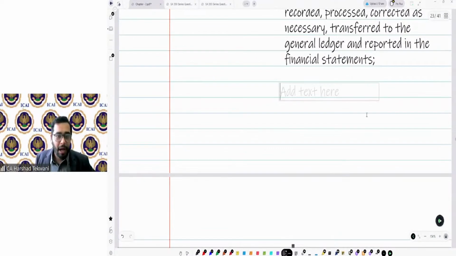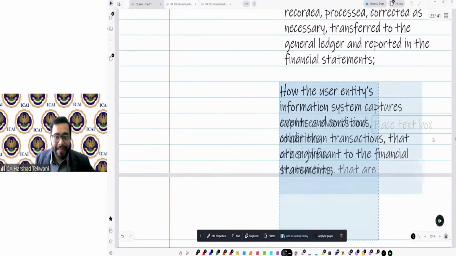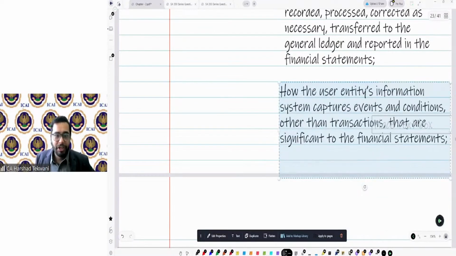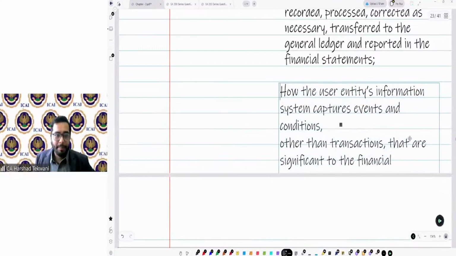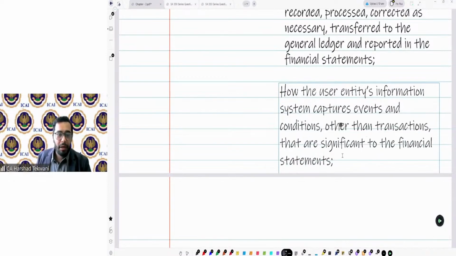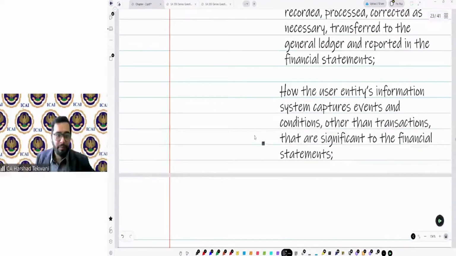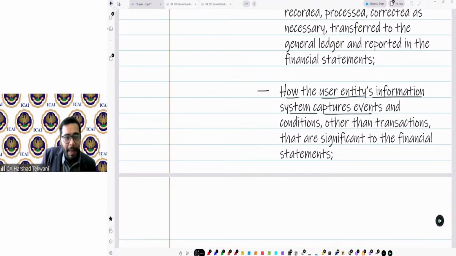I'm saying that activities done by the service organization are impacting how the user entity is recording that data. So how the user entity information system captures the events, conditions, and other transactions that are significant to the financial statement.